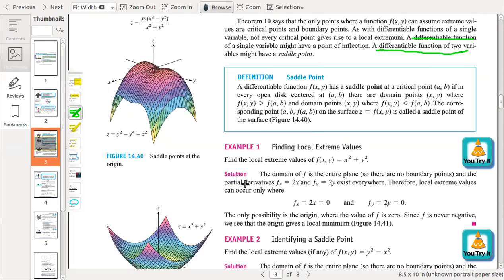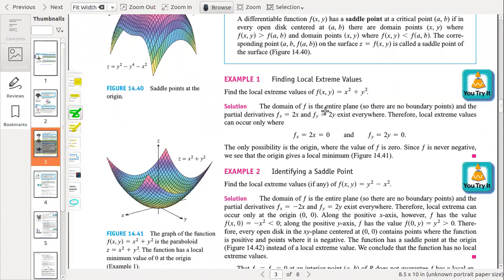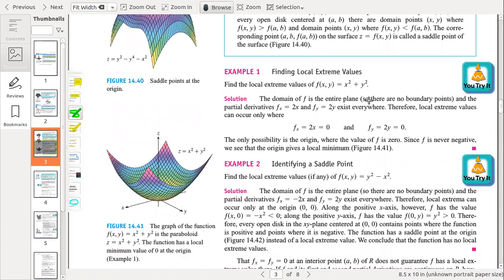So there is an example: finding local extreme values. Find the local extreme values of f of x, y equal to x squared plus y squared. The domain of f is the entire plane, and we can just calculate the partial derivatives.